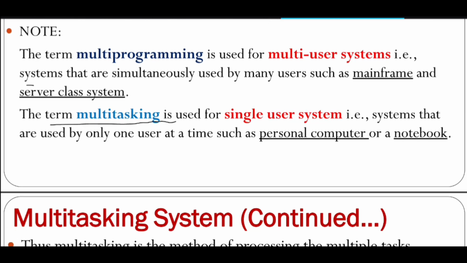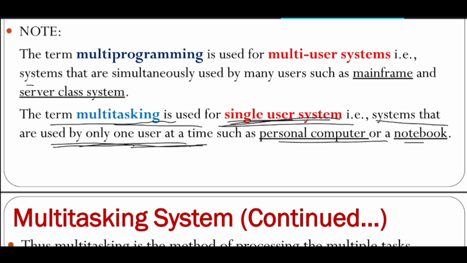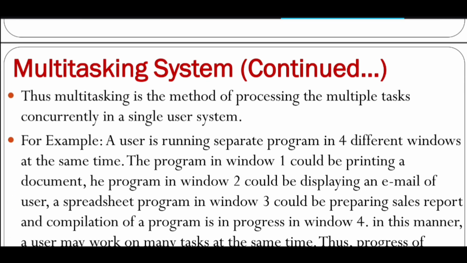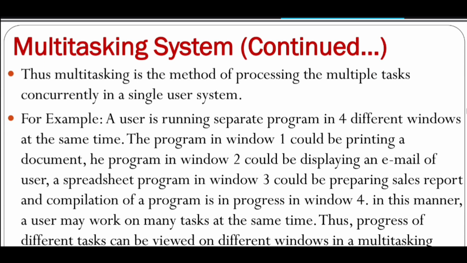The term multitasking is used for single user systems, systems that are used by only one user at a time, such as personal computers and notebooks. Let's continue with multitasking.